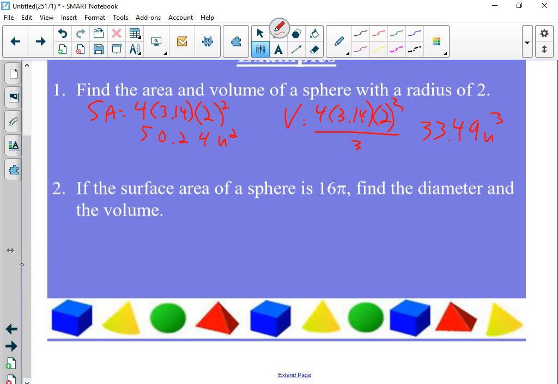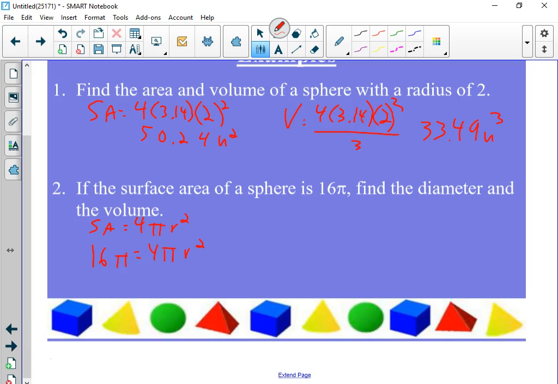Okay, surface area of a sphere is 16 pi. Find the diameter and the volume. Okay, well, for one thing, it's working backwards. So let's write surface area as a formula. 4 pi r squared. And what they're saying here is, we know the surface area is 16 pi. So we're trying to solve for r.